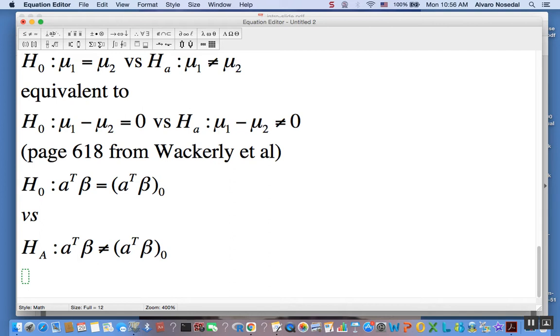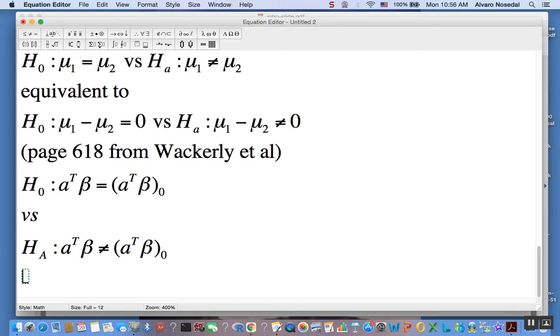Also, if you take a close look at that page of our textbook, we actually used that pivotal quantity, that test statistic, when we talked about the derivation of the prediction interval in the multiple linear regression model.